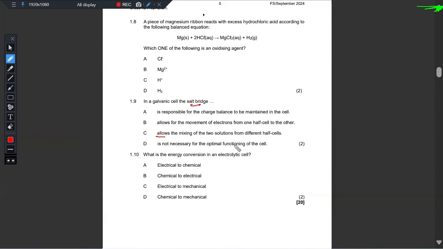Now, which one is the correct answer there? It is definitely A. It is responsible for the charge balance to be maintained in the cell. Remember, we say it maintains neutrality of the two half cells, right? It maintains neutrality of the two half cells.